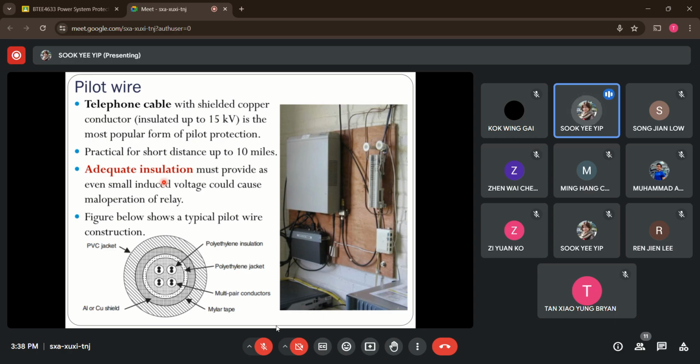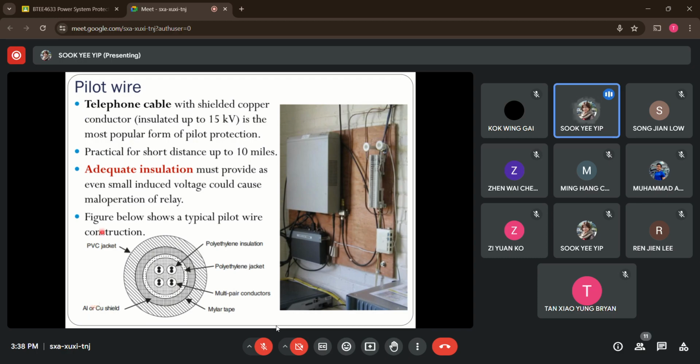So now let's check out these figures here. We have the cross-section view of the pilot wire. At the center, you will notice it consists of multi-pair conductors which are twisted. Then we have thick insulation like polyethylene with shields, made of aluminum or copper, here to avoid interference from outside.